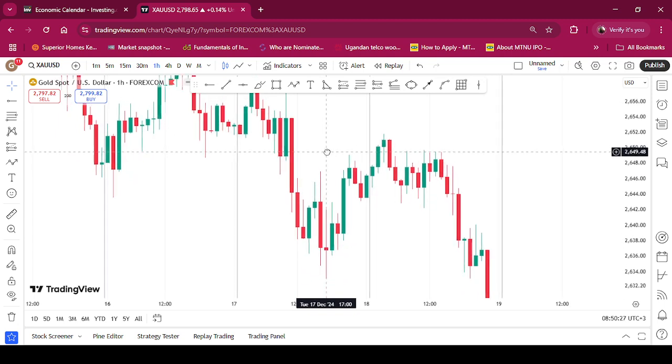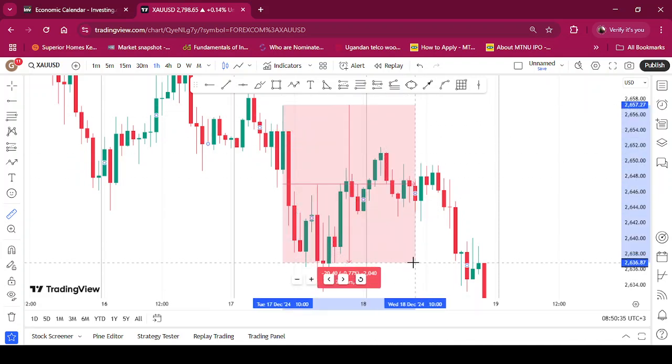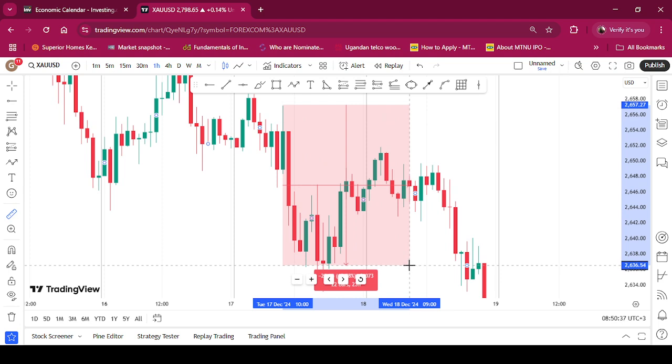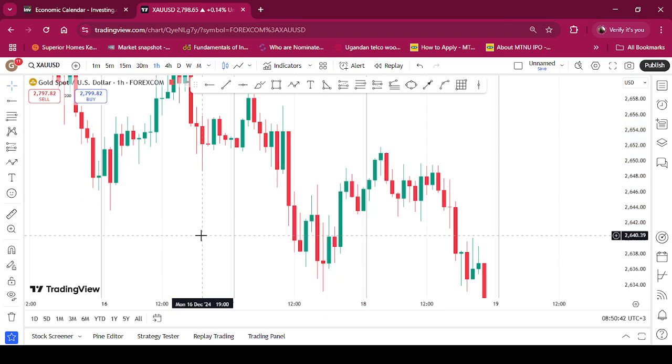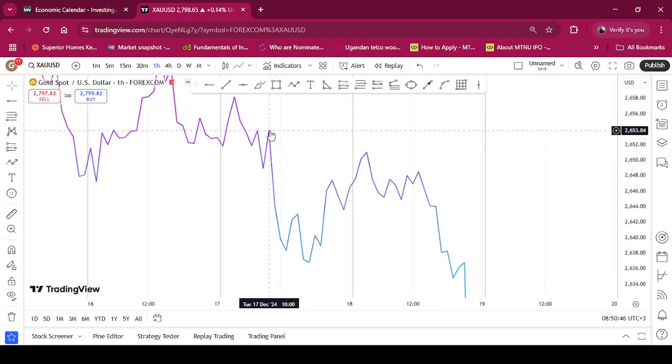Now, as you can see, from this high to this low, let's see if the market got to a 50%. It kind of touched into the 50%, but now let's look at it from this perspective. Now we already seen that this got into its 50%.